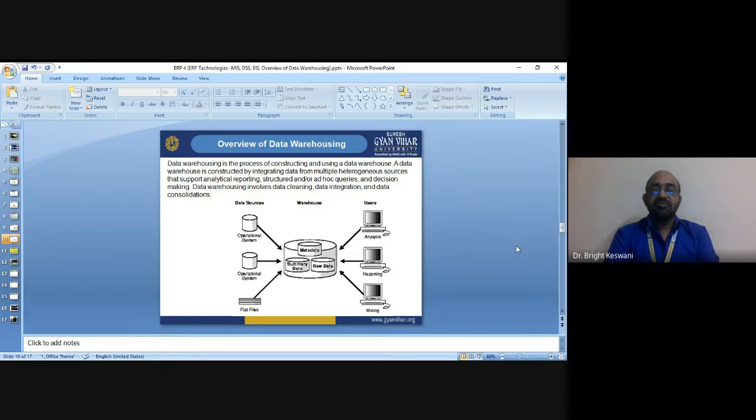DWS, data warehouse system, itself is an important part. DBS, database system, and DCS, data conversion system. These are some important parts that make up the data warehouse concept.